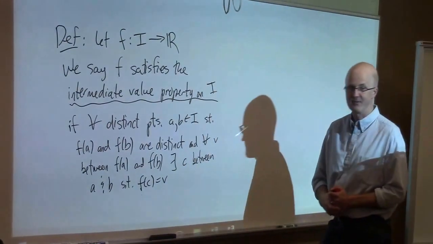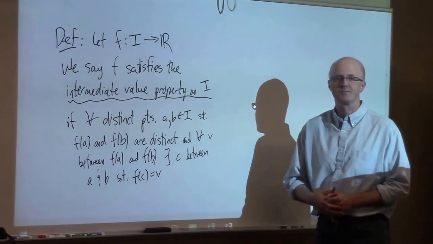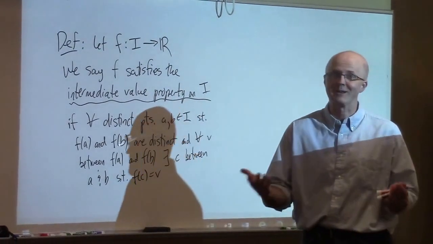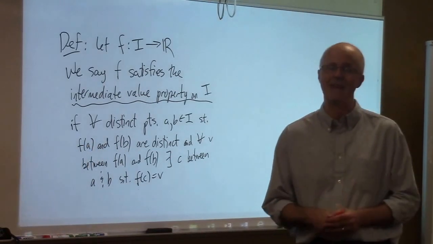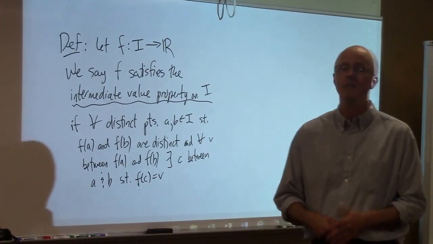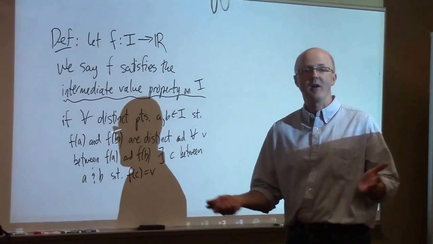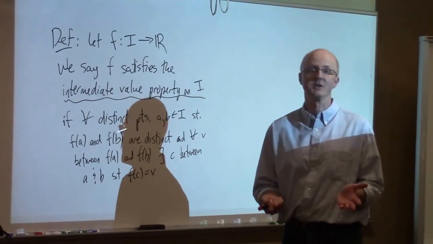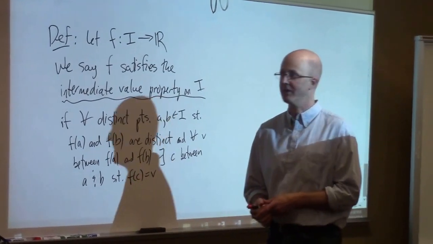The function is going to satisfy this if this is true. So continuous functions on closed and bounded intervals do satisfy the intermediate value property. But I want to show you that there are actually discontinuous functions that satisfy the intermediate value property as well.